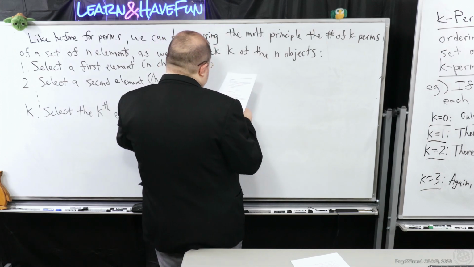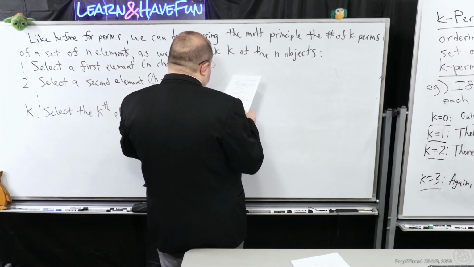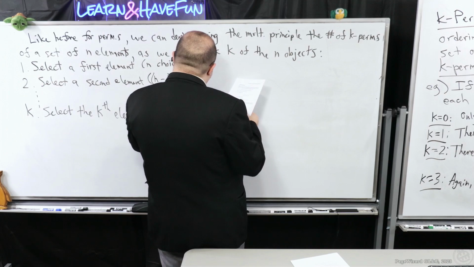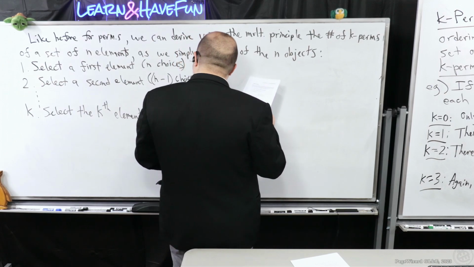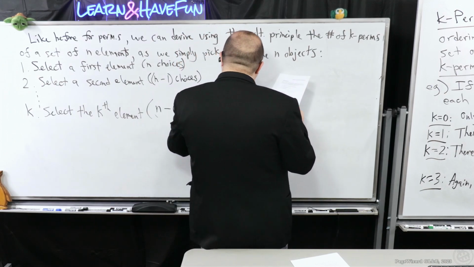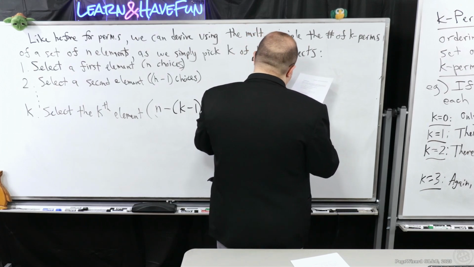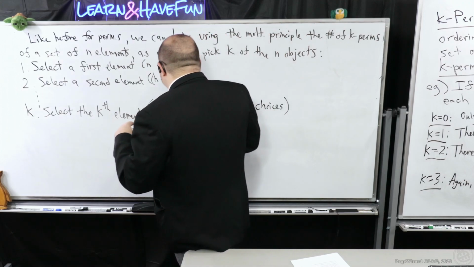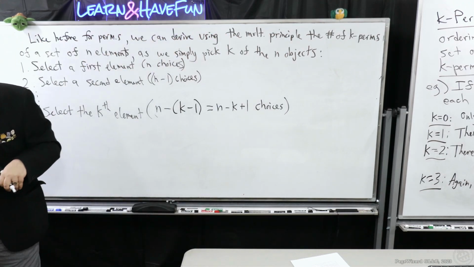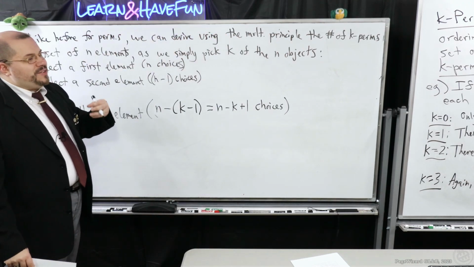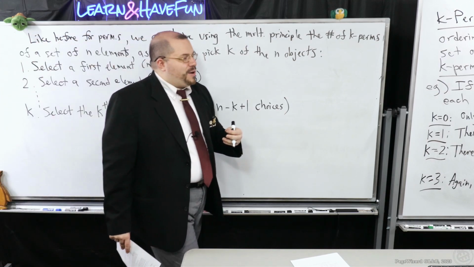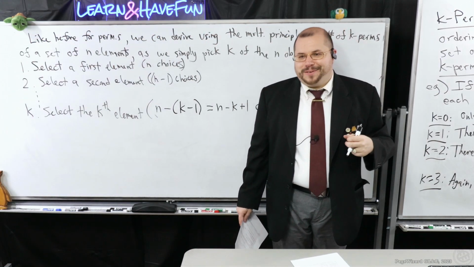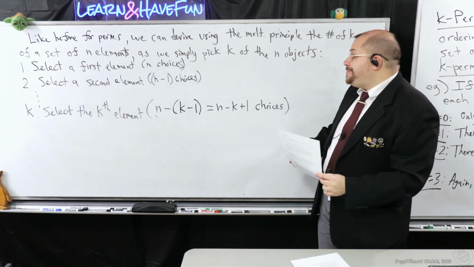Well, we have n minus (k minus 1) many possible choices, which is n minus k plus 1 choices. If you're wondering why it's k minus 1, it's because when we start our counting, we're starting at 1 in this list, so it's somewhat deceptive. So keep that in mind.